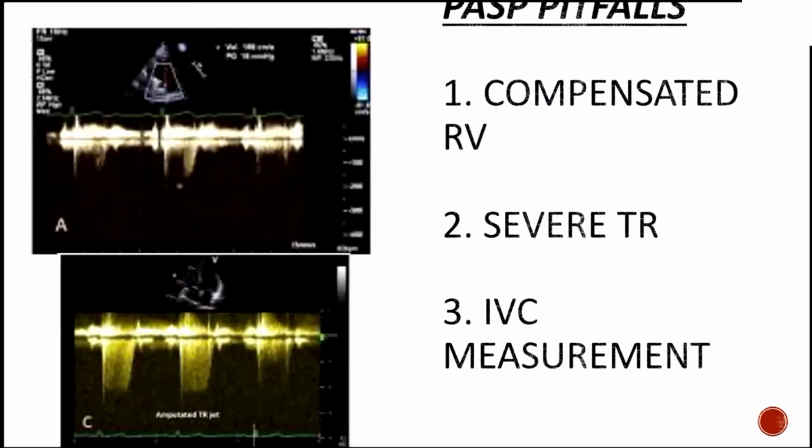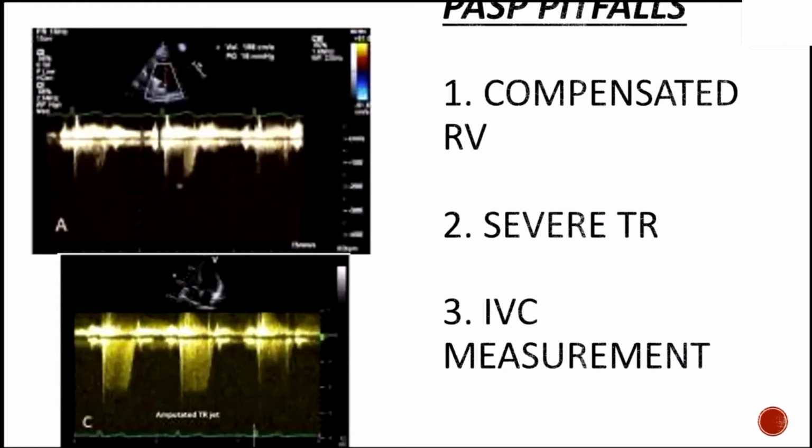So the right ventricle compensates, gets stronger, has higher volumes, and therefore contracts more, pushing blood forward. Now you have less blood coming back through your tricuspid valve, and so when you calculate your PA systolic pressure off of that TR jet, it's going to be less than what it truly is.